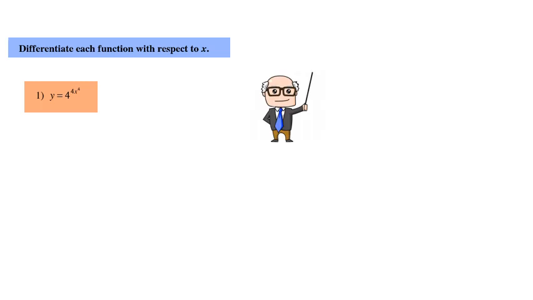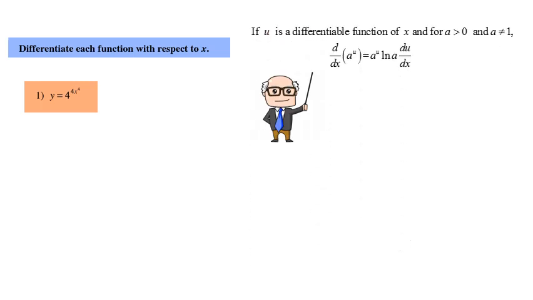Differentiate each of the functions with respect to x. y is equal to 4 to the power of 4x to the power 4. This is an exponential function, and the rule tells us that the derivative of the exponential function is equal to the function itself multiplied by ln of the base multiplied by the derivative of the power.